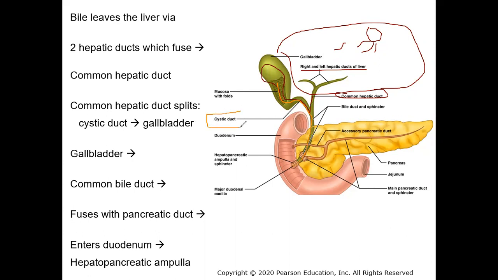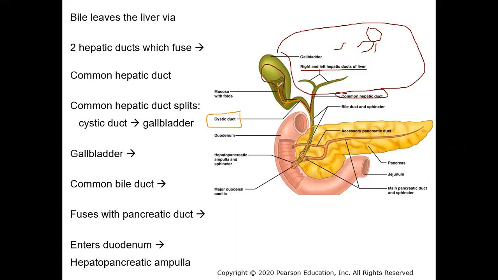You might have noticed that the cystic duct is bidirectional. It is going to allow for bile to flow into the gallbladder and back out through the gallbladder as needed. There can also be some flow from the common hepatic duct into the common bile duct.